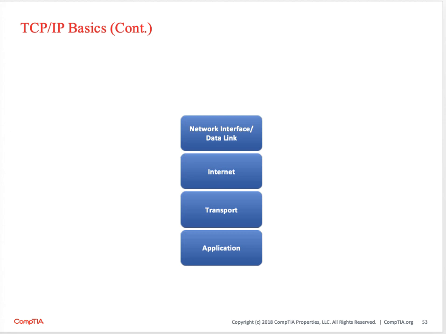When it comes to the transport layer, this is going to provide communications between services. There are two different types here. We have TCP, not to be confused with the TCP/IP model, but just TCP, which is the Transmission Control Protocol.